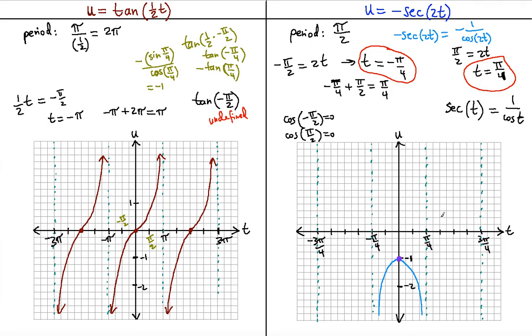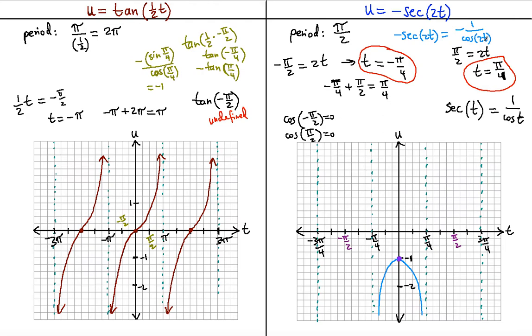Okay, now the next one, let's see. We know the cosine of 2 pi over 4, or pi over 2. Let me write it this way. This is minus pi over 2, right? We know that cosine of pi over 2. If you plug in pi over 2 here, you will get cosine of pi.